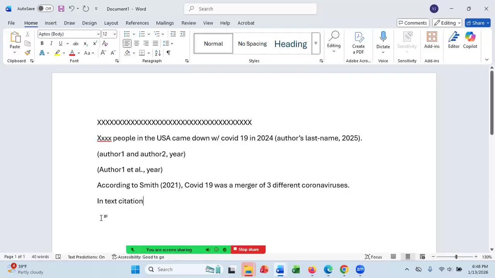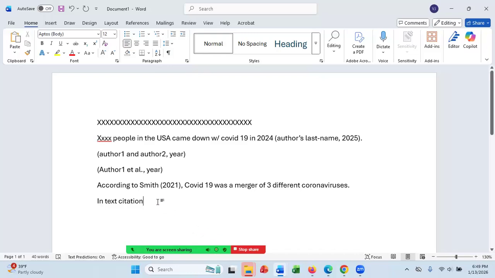That's common knowledge, so you don't need to have an in-text citation. Any question about in-text citation? If you don't have enough in-text citations, you will get a penalty. If you have the in-text citation incorrect, which is why I went through so many examples here, you'll get a penalty.